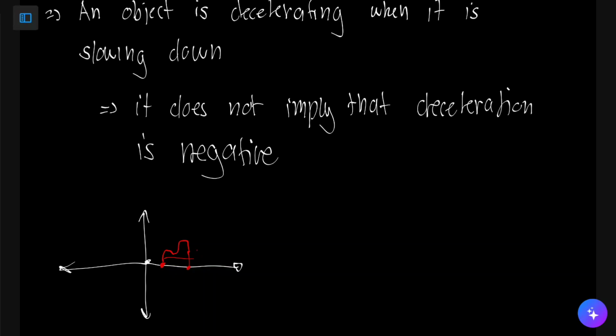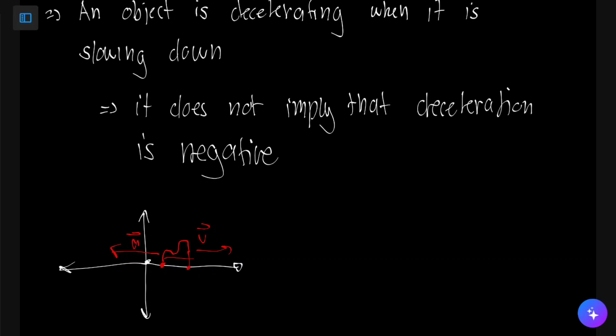Your car is going this way, your velocity is towards this way, and you are decelerating, meaning your acceleration is towards the negative. So in this instance, your acceleration will be negative because you are slowing down. Your vector for acceleration is pointing the other side.